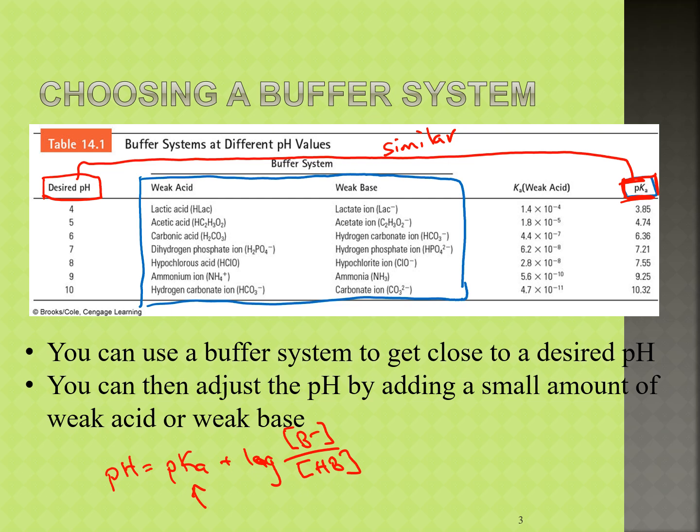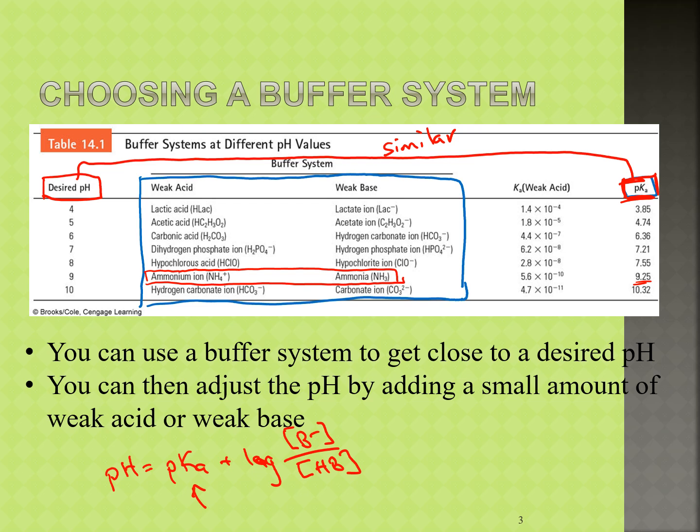So if you want to run an experiment and you want it to be run around a pH of 9, well, you want something that has a pKa that's closest to 9, 9.25. So you might choose the ammonium ion with the ammonia there.